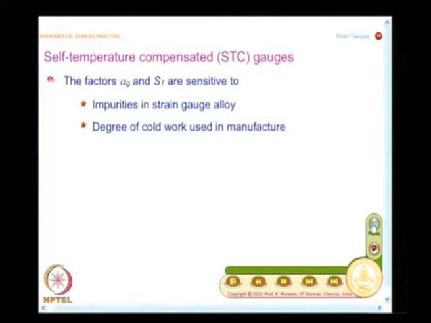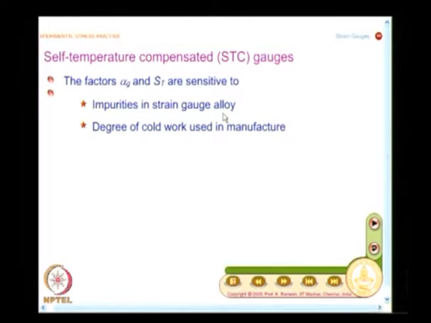And in the literature it will be abbreviated as STC, and fortunately you find the factors alpha g, that is the coefficient of expansion of the gauge material, and the sensitivity of the strain gauge material for temperature change, St, are sensitive to impurities in the strain gauge alloy.